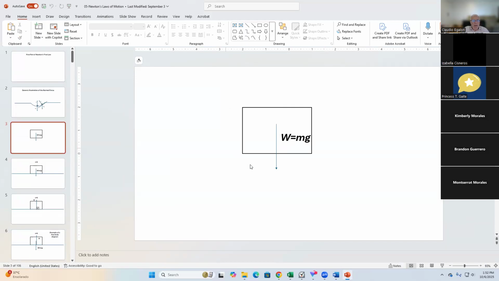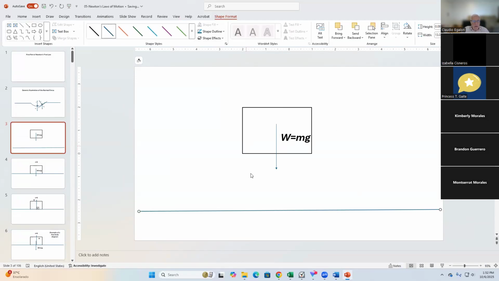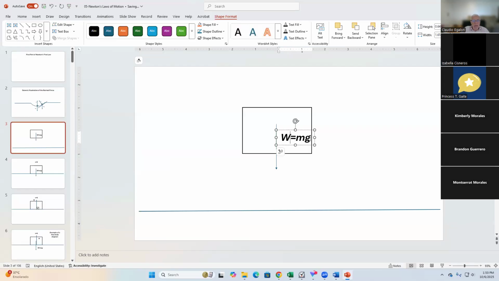Okay, we have a mass that's above the Earth's surface. Let me draw the Earth's surface right here. And here is the non-contact force of the weight. This weight is given by the mass times the acceleration of gravity. And this weight is valid for any planet. Any planet exerts this type of force on the object.